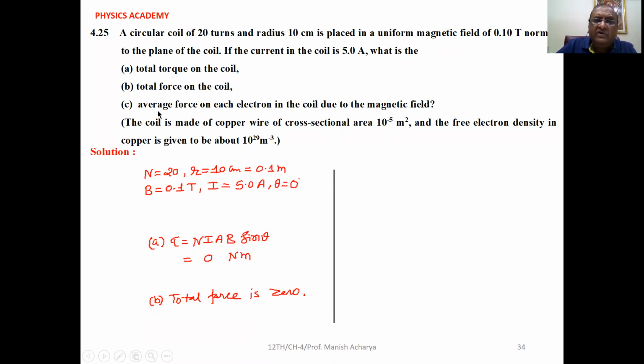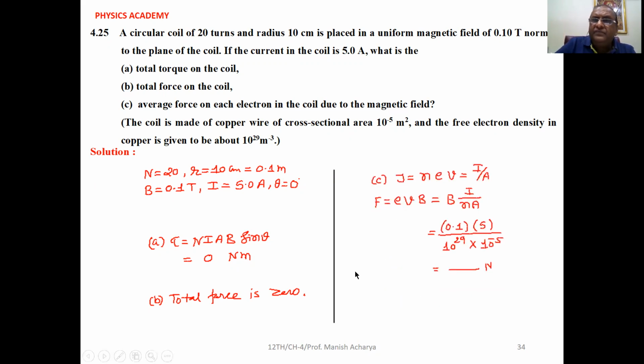Now, we want to calculate average force on each electron, because when the current is flowing, it is constituted due to flow of electrons. Electrons are charged particles, and when any charged particle is moving in the magnetic field, force acts on it. Now, in chapter number 3, we discussed J is nev, and J, the current density, is I upon A. Now, force on the electron when it is moving in the magnetic field B with velocity v.